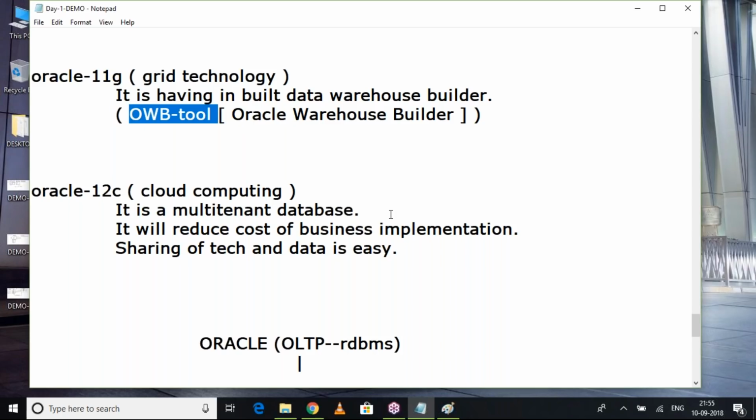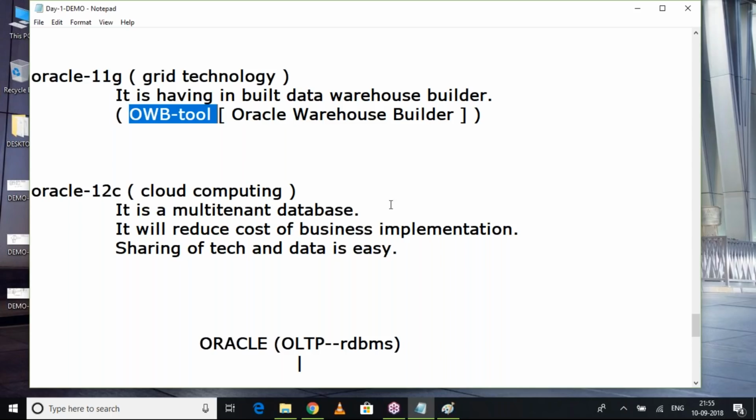Generally, Oracle is used to implement OLTP databases. But Warehouse Builder is used to develop and manage OLAP, Online Analytical Processing databases also. From Oracle 11G, you can use Oracle to maintain OLTP as well as OLAP.